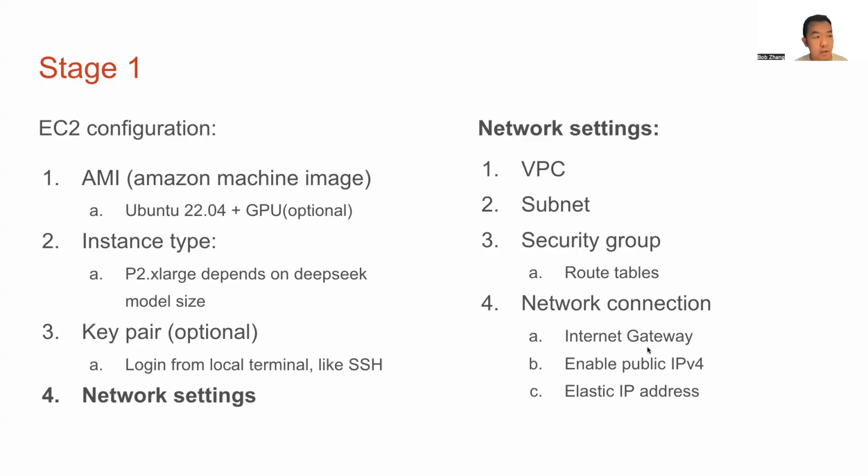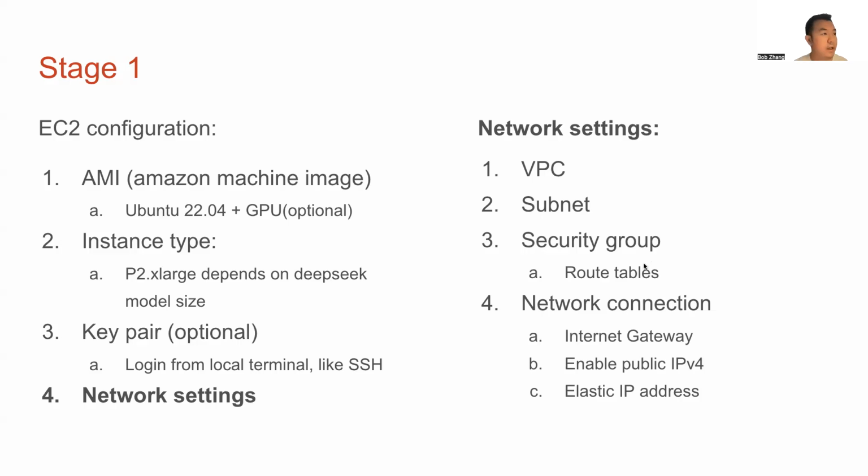Especially the internet gateway, if you don't have that, your EC2 instance will not be able to communicate with the internet and cannot download the model. So make sure you have public IP addresses or set up Elastic IP addresses.